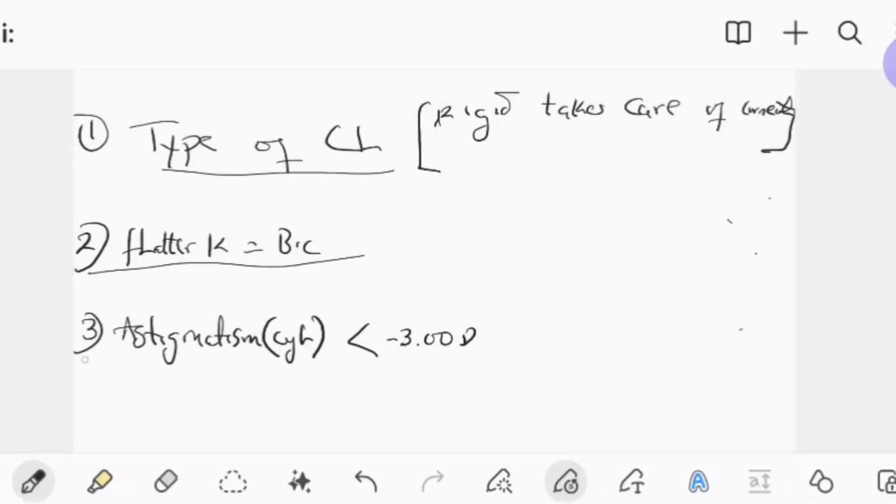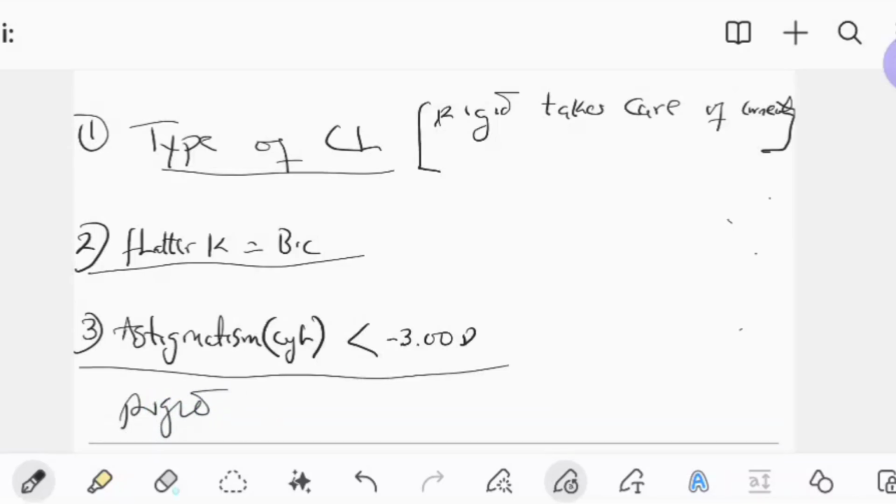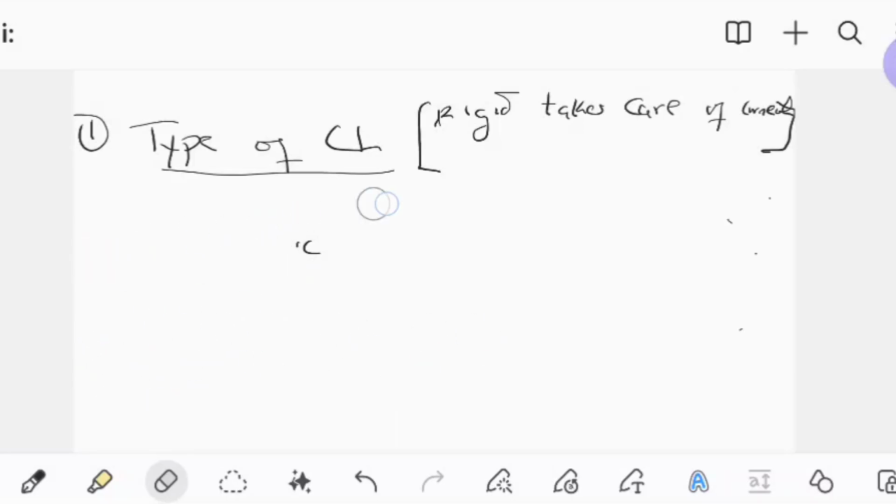The third thing is to look at the astigmatism, that's the cylinder aspect of the prescription or the refraction they give to you, to know if it's less than -3.00 diopters. Most of the time they will give you a cylindrical prescription that is less than this. And once your lens is a rigid lens, you don't have anything to worry about in the cylindrical aspect of this prescription.